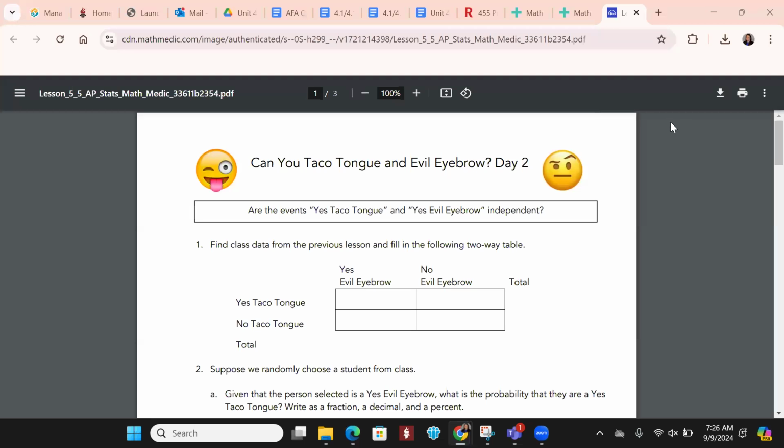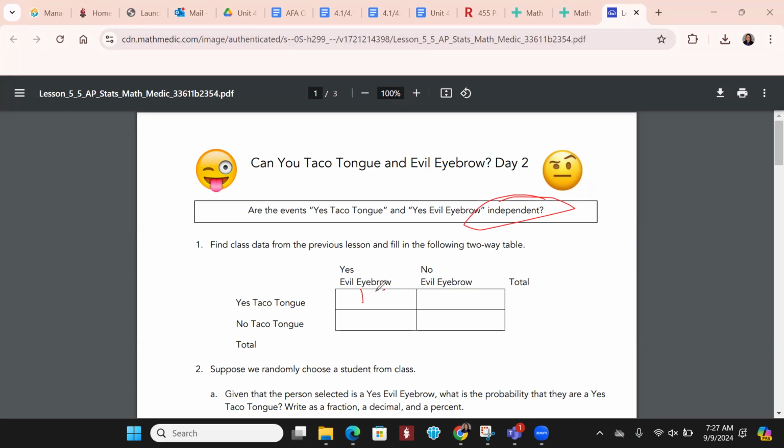Okay, so we are trying to find out, are the events yes taco tongue and yes evil eyebrow independent? We're going to use some data from the previous lesson. I'm just going to give you that data because we've got more people today.